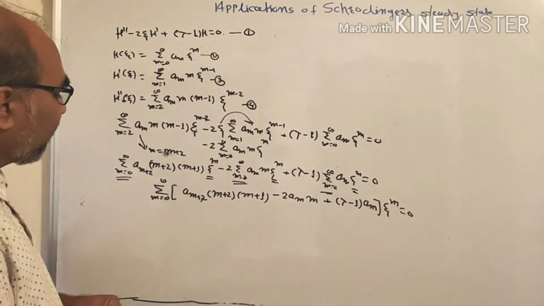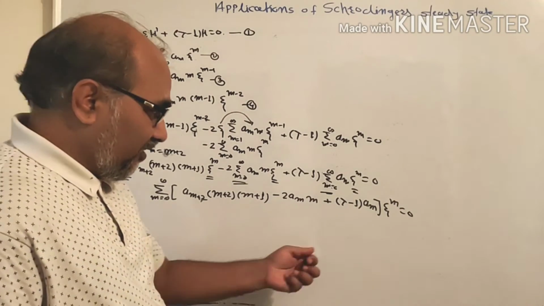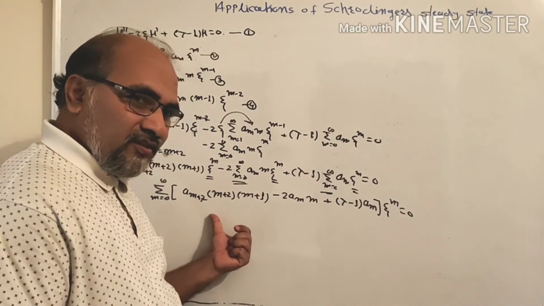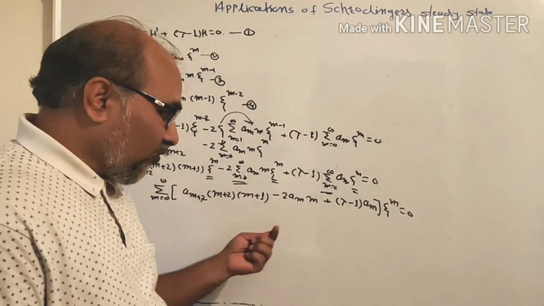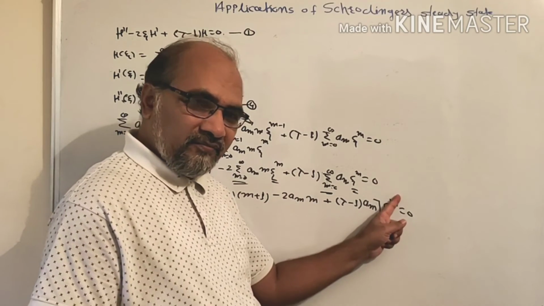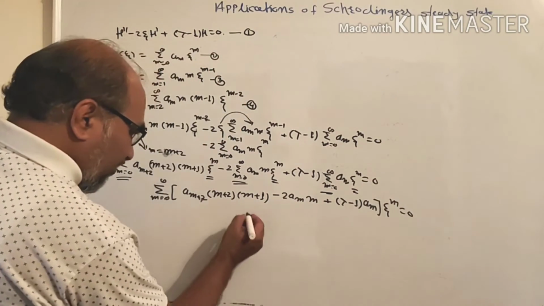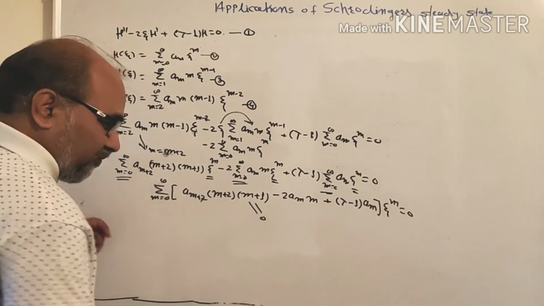Okay, so now we consider that each coefficient term is equal to 0, and therefore the coefficient of zeta raised to m is equal to 0, meaning this bracketed term is equal to 0.